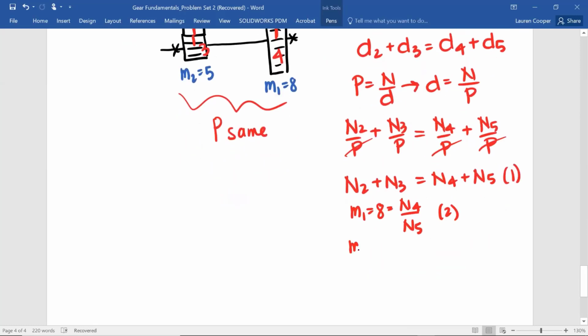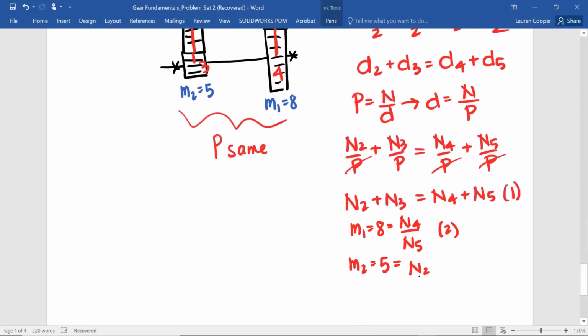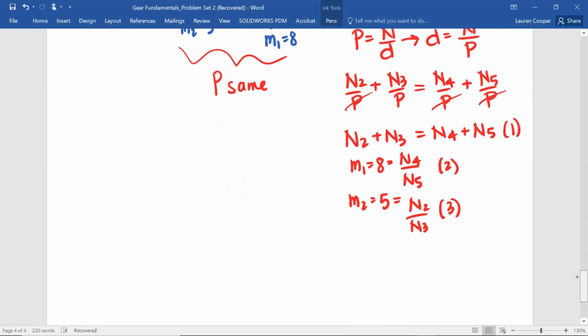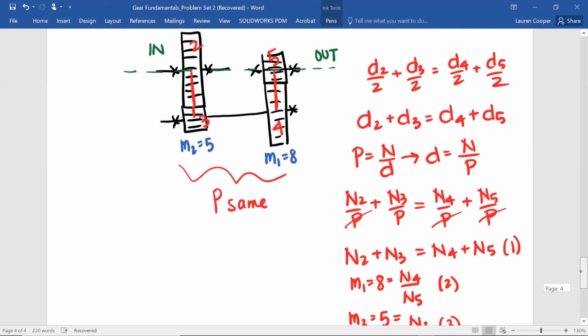And then our third equation, M2 equals 5, is N2 over N3. Call that 3. So we have 3 equations, but we have 4 unknowns because we don't know any of the teeth numbers. So we're going to have to come up with one more equation.